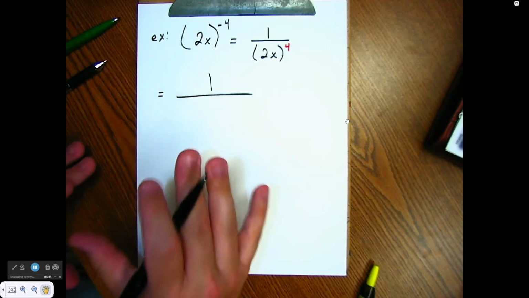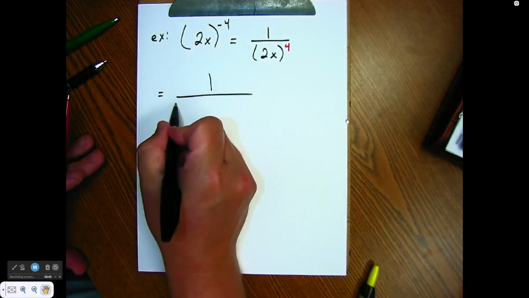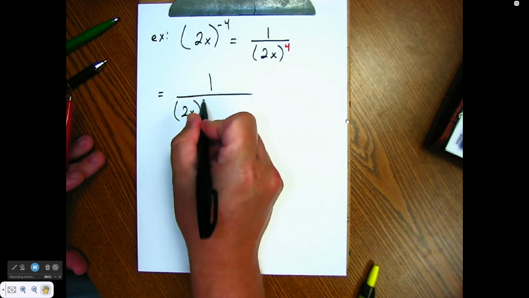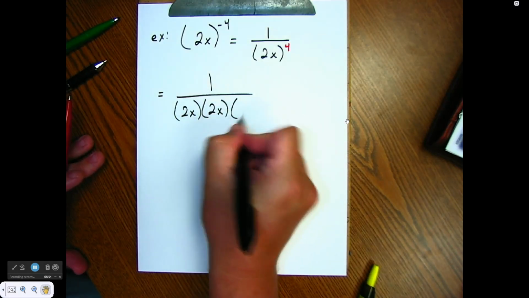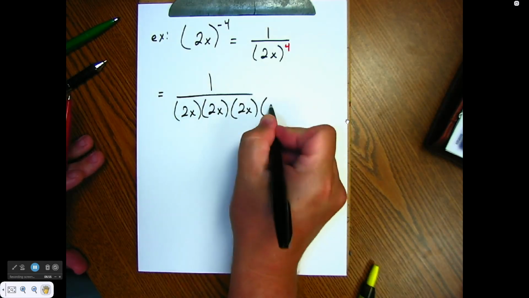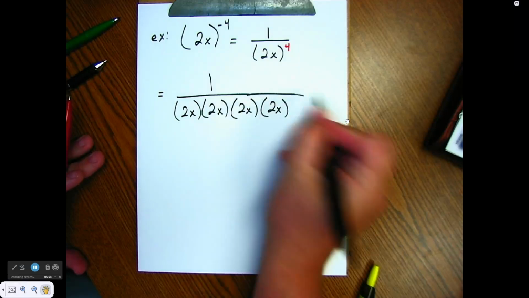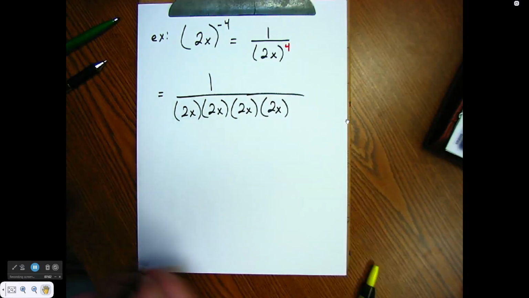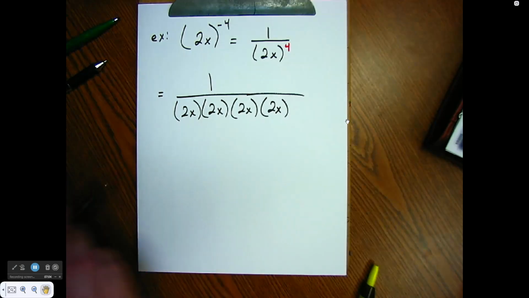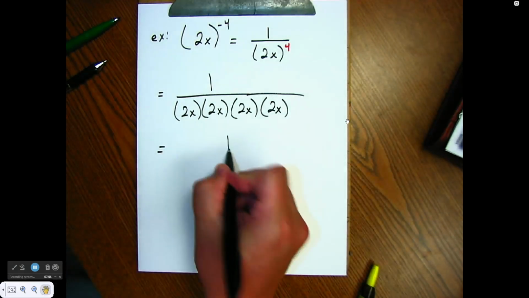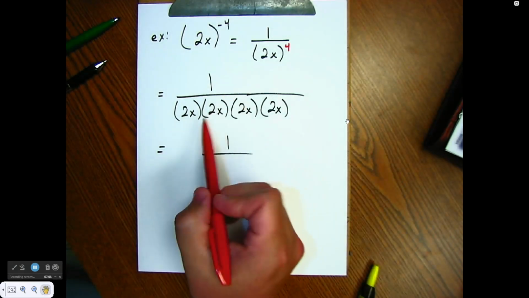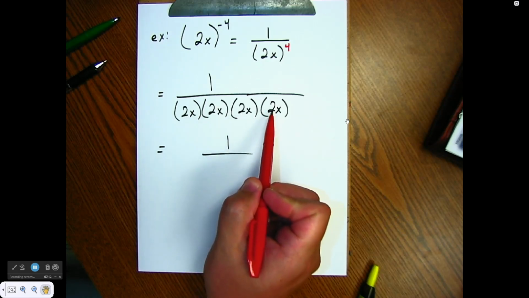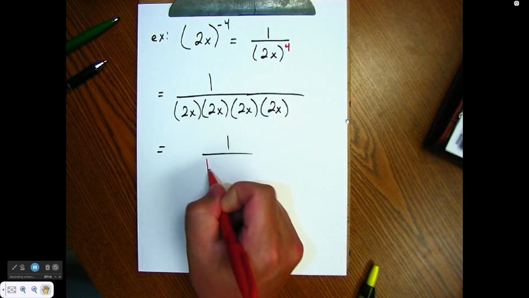Because I haven't shown you the power rule, I'm going to show you the long way on this one. 2x to the 4th power means 2x times 2x times 2x times 2x. Again, there's a quicker way to do this, but that is the next video. So we have 1 over 2 times 2 times 2 times 2, which is 16.